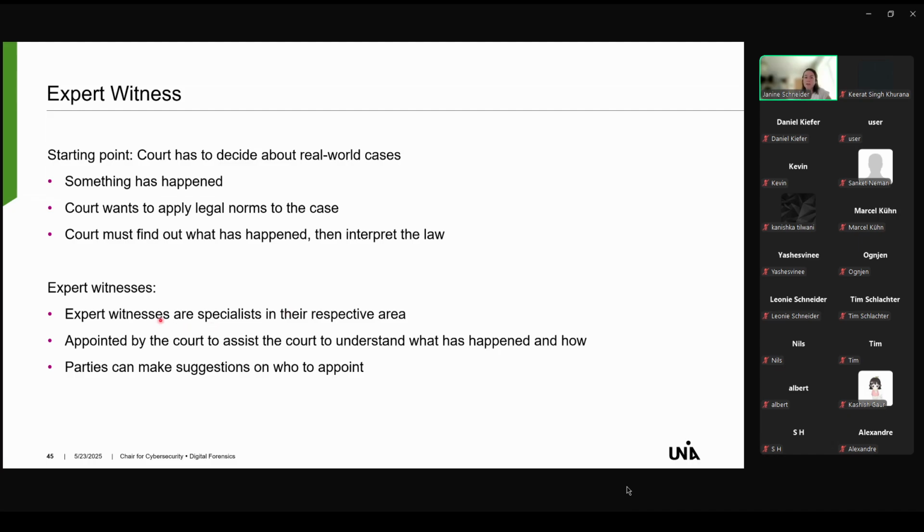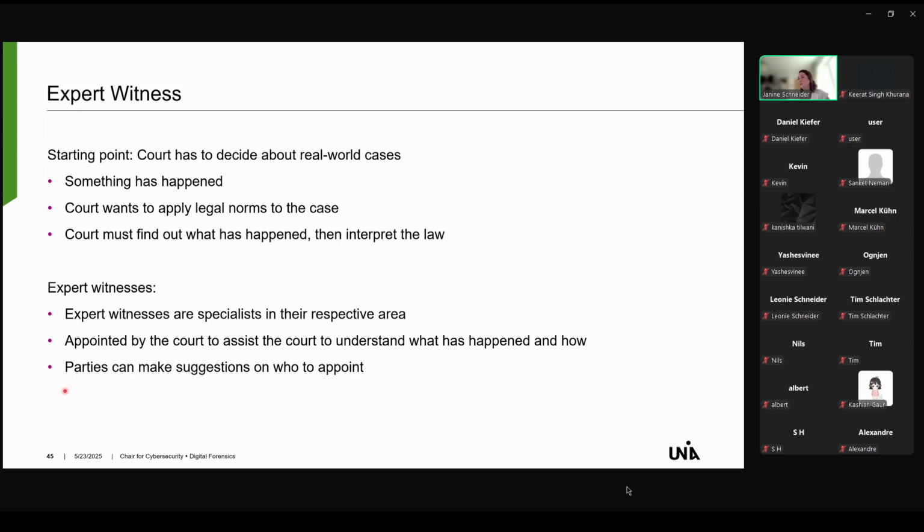And the expert witness is a specialist in their respective area, appointed by the court to assist the court to understand what has happened and how, in a technical sense or in their respective area. The expert witness is appointed by the court, but all involved parties can make suggestions on who to appoint.